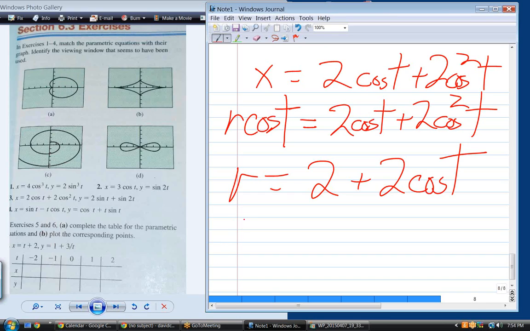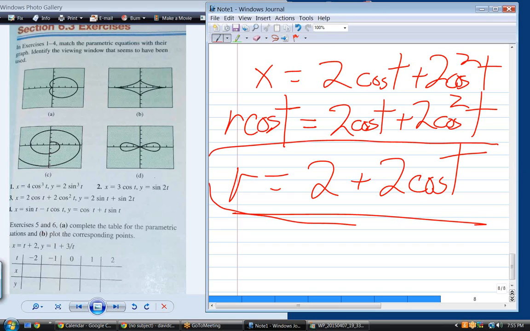But the format for a cardioid is that right there. r equals some number plus some number times cosine of t. That is the general format for a cardioid, or it's called a limaçon curve. It's pronounced actually limaçon. No, limaçon. It's a limaçon curve.